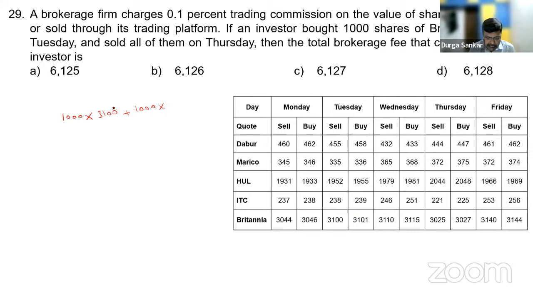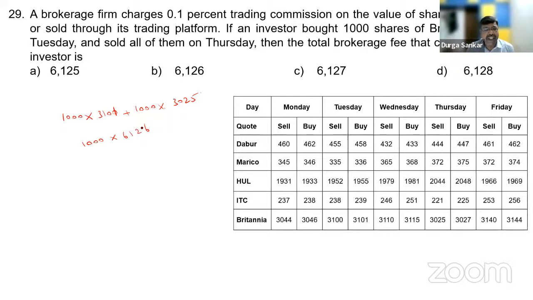Tuesday buy is 3,101 and Thursday sell is 3,025. So 1,000 into 3,101 plus 3,025, which is 6,126. This is the total transaction value.